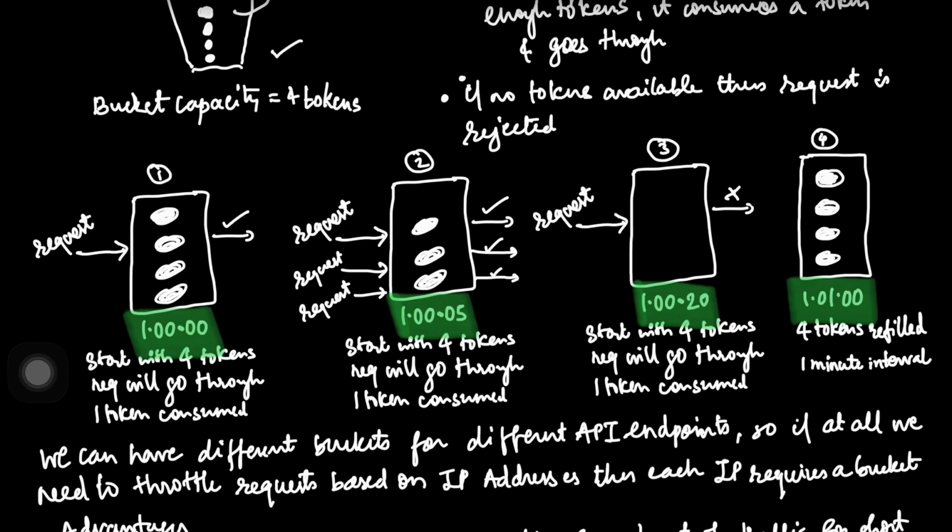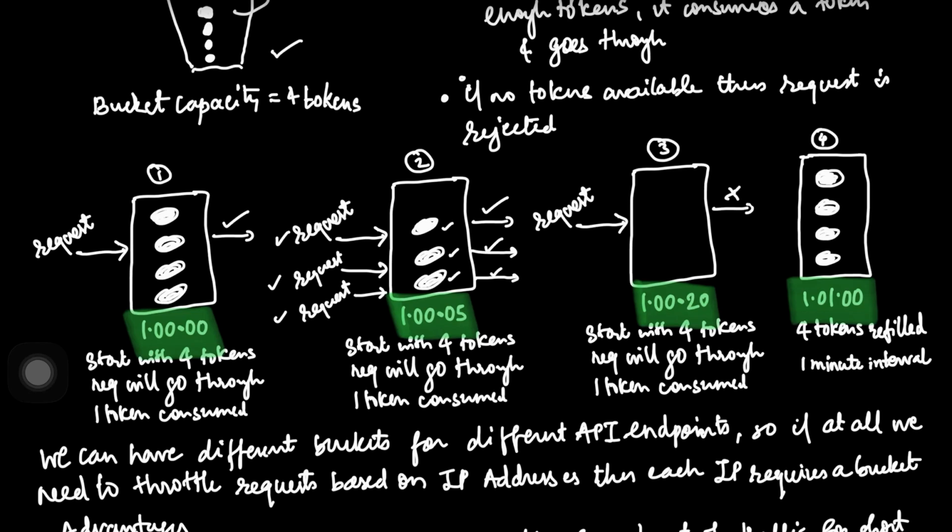Let's say after 5 seconds, at 1.00.05, 3 more requests hit us. We still have enough tokens left, so all 3 go through. But notice our bucket will become empty now, because these 3 requests consume the 3 remaining tokens.